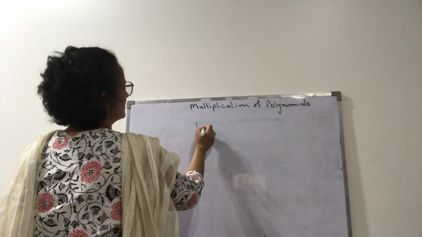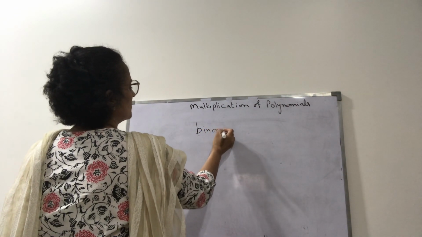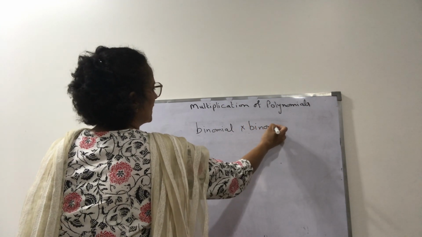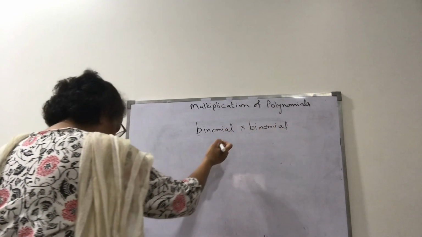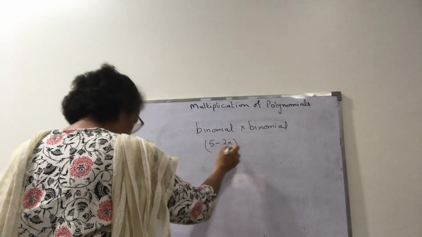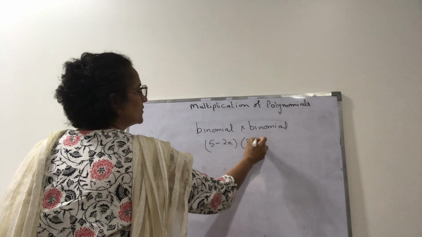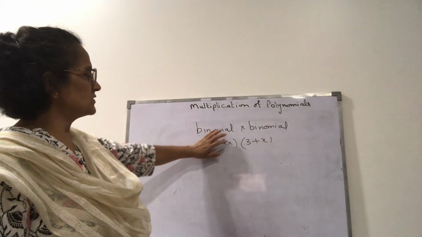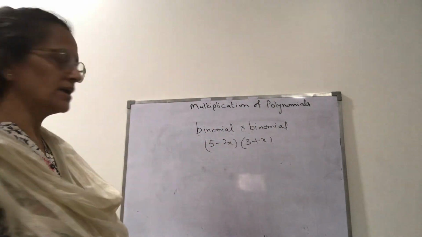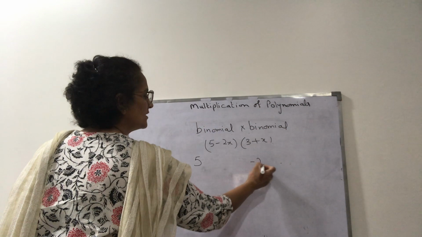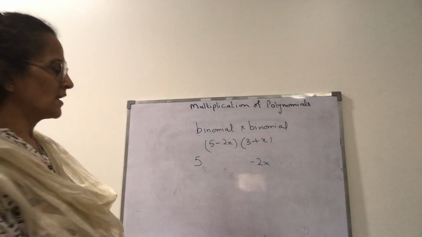Let's now multiply a binomial with a binomial. This we have done earlier also. Binomial multiplied with binomial. Let me take 5 minus 2x multiplied with 3 plus x. Now first we open up only one bracket. We write here 5 and we write here minus 2x.